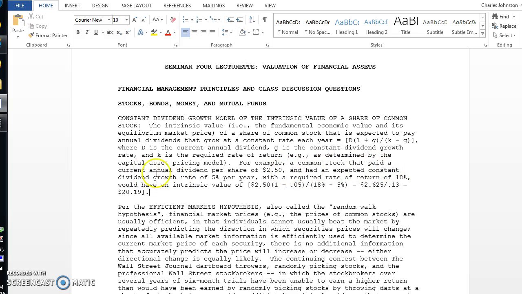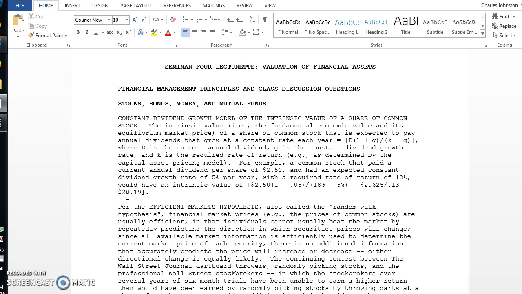A common stock that paid a current annual dividend per share of $2.50 and had an expected constant dividend growth rate of 5% per year with a required rate of return of 18%, would have an intrinsic value of 2.50, that's D, times 1 plus 0.05. 0.05 is the growth rate, G. 18% is K, divided by K minus G. So you make that calculation, it gives you $2.62 divided by 0.13, and it estimates the intrinsic value or equilibrium market value of the stock per share at $20.